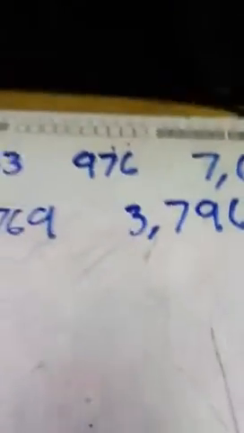Okay, so here's my 5 numbers. I'm going to go 7,963. I'm going to go 976, 7,639. Let's do 769. And 3,796.